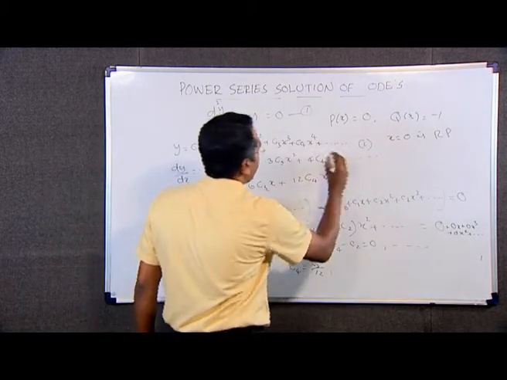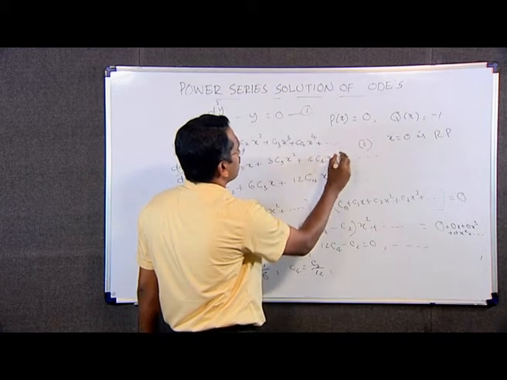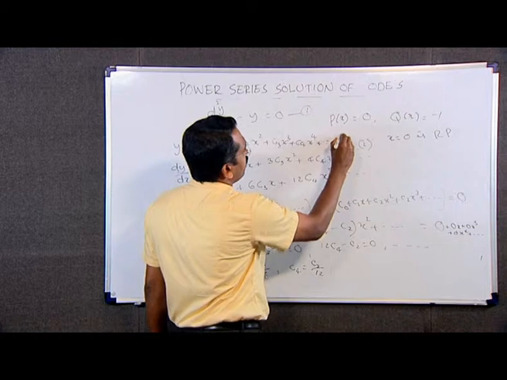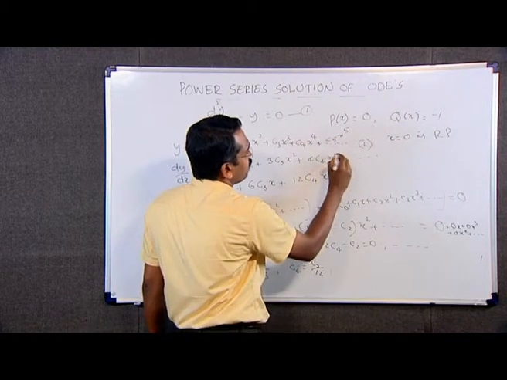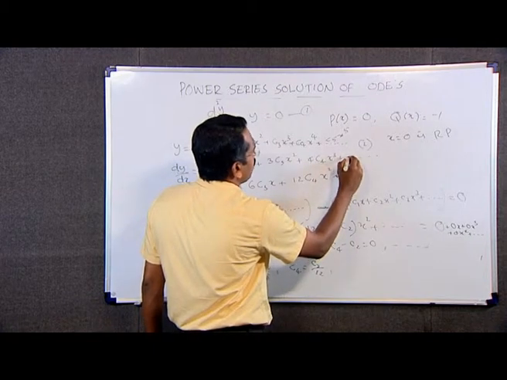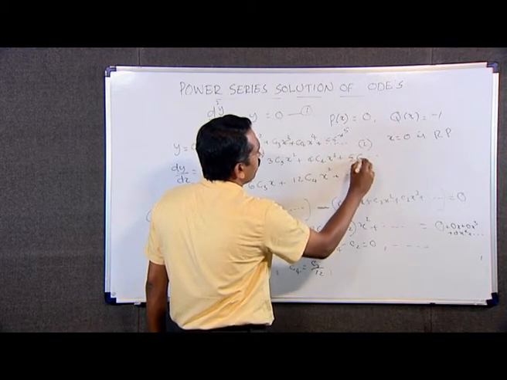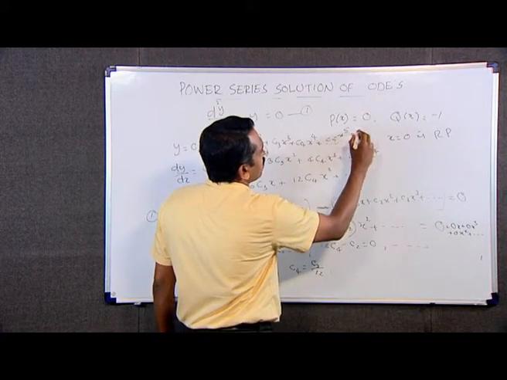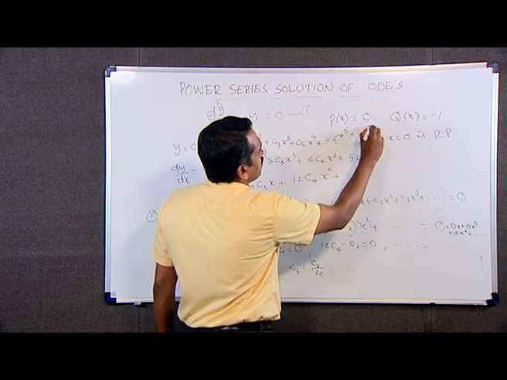Next, if we write the next terms, we can write here c5 x raised to 5. Therefore, when we differentiate this, we get 5 c5 x raised to 4. The next term is c6 x raised to 6.